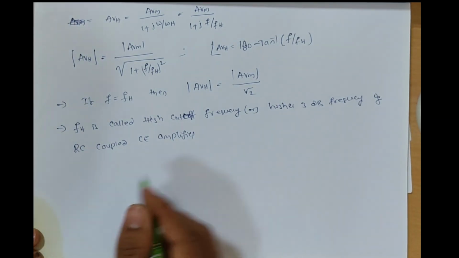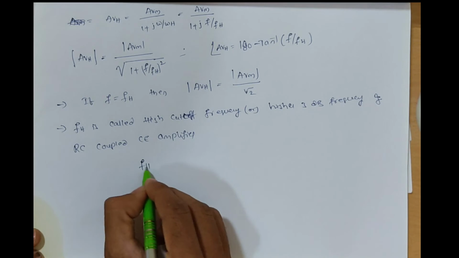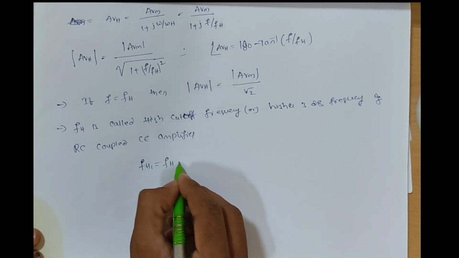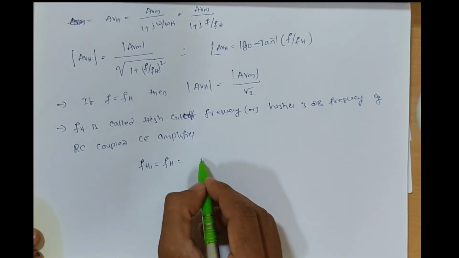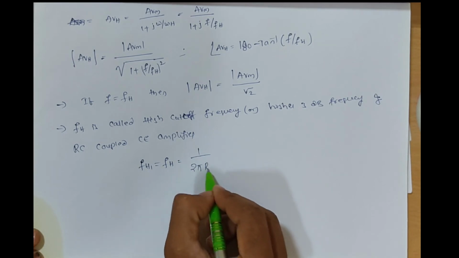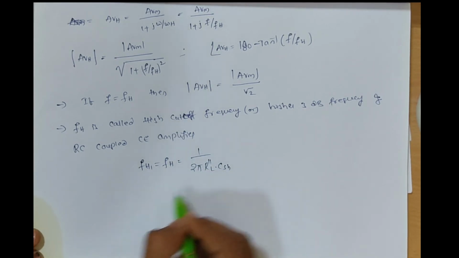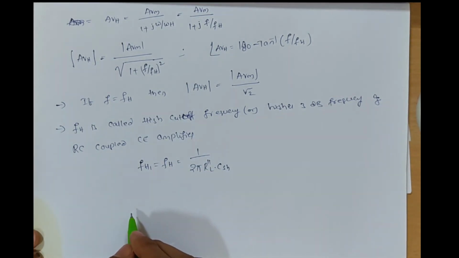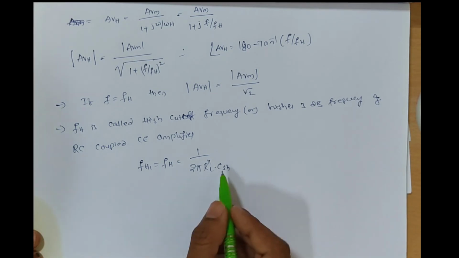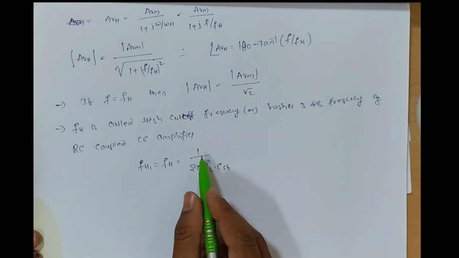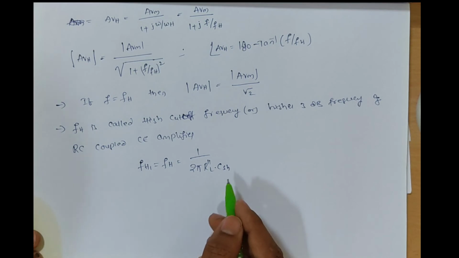So FH1 equals 1 by 2 pi R double dash L into CSH. Yes or no? So we can write FH equals 1 by 2 pi R double dash into CSH.